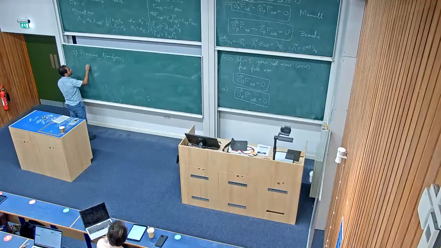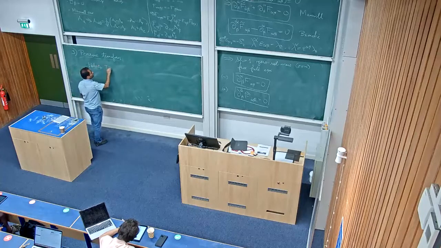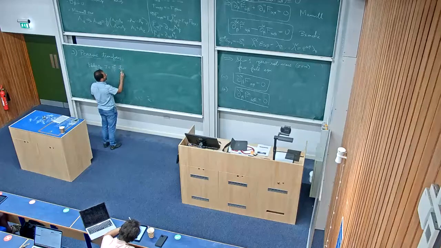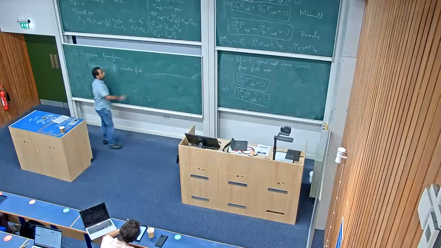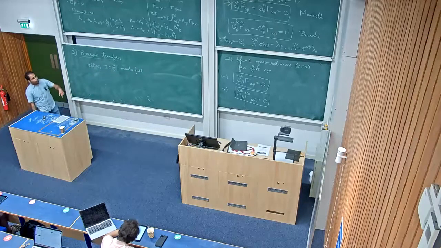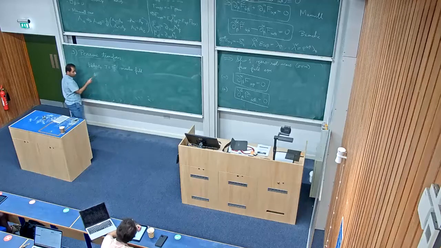So suppose you have a helicity J in Z over 2 field, massless field. Can someone guess from the scalar and the spin 1 pattern how many spinor indices I should put on my field? So suppose I have a field strength.